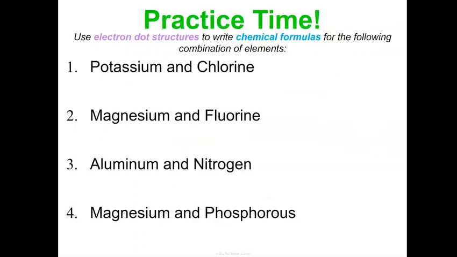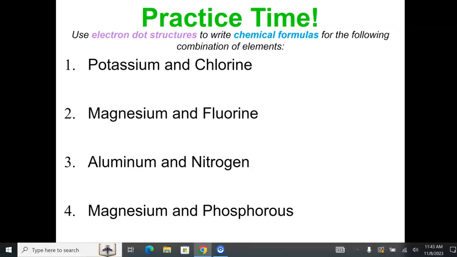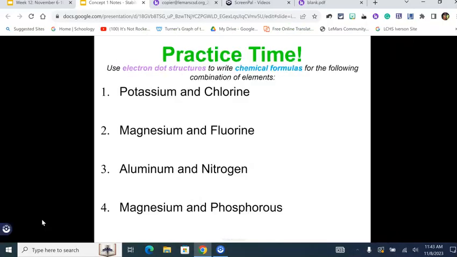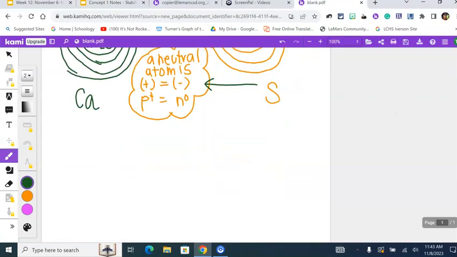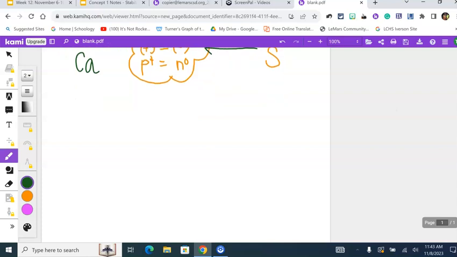Okay. Now, I would like to work through number 1 and 2. So, for the first one, what am I dealing with? Help me out here. I forgot. Potassium, which is K, and chlorine, which is Cl.